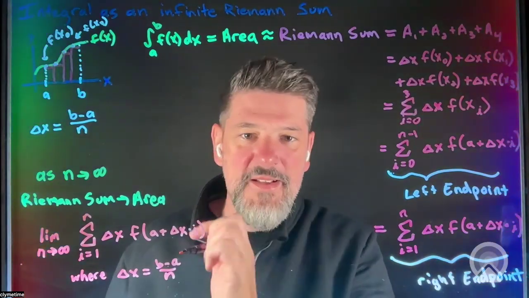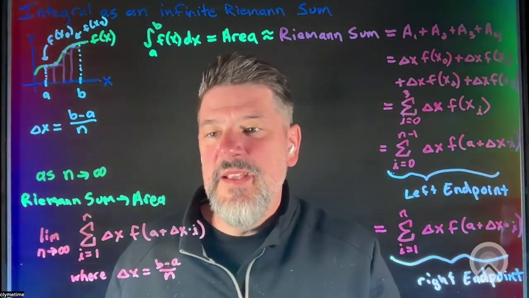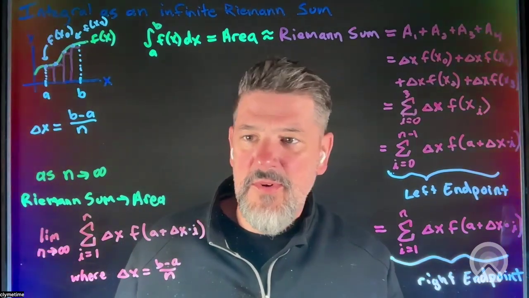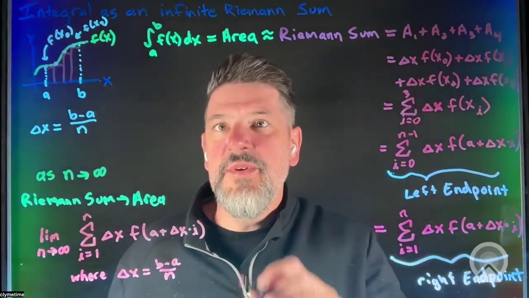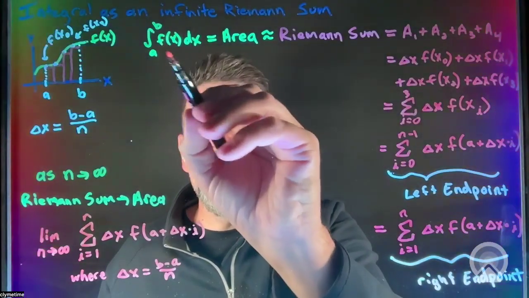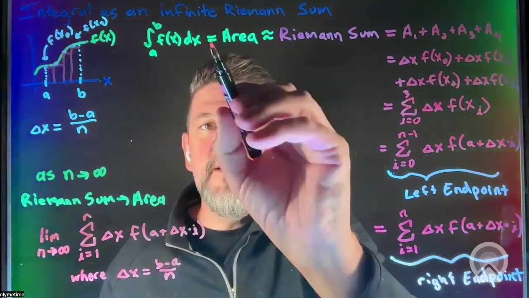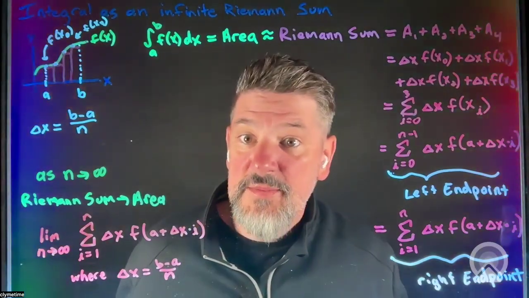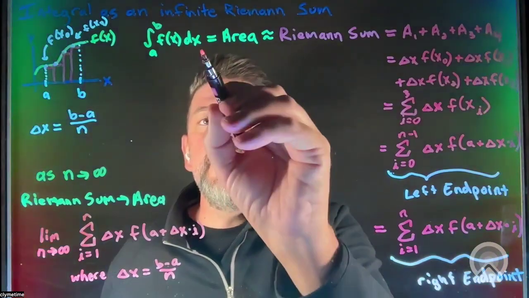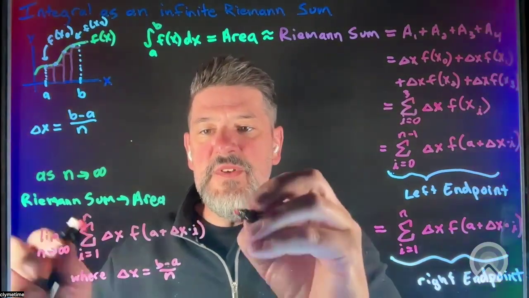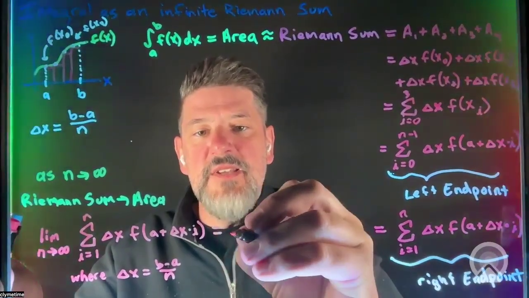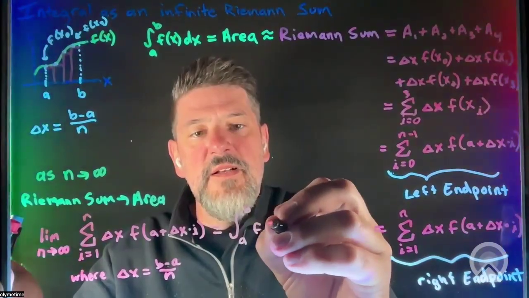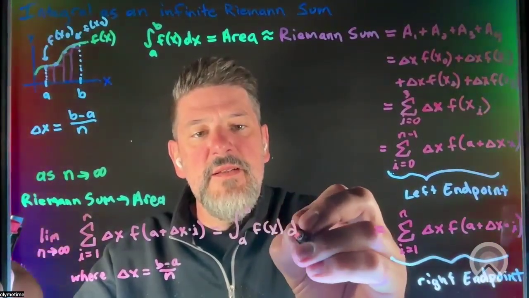Based on how this works, we have no gaps or overlaps. So we end up with this: the y value is the height, and the dx represents the delta x. This little integral sign looks like an S because it is the sum of all the infinitely small rectangles. So this is equal to the integral of f of x dx.